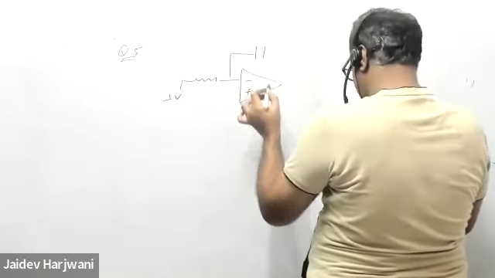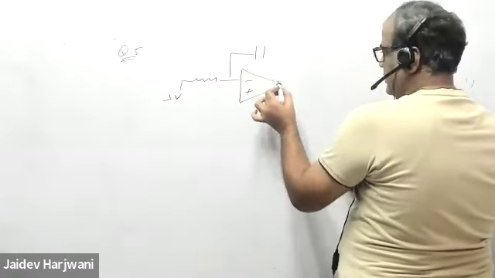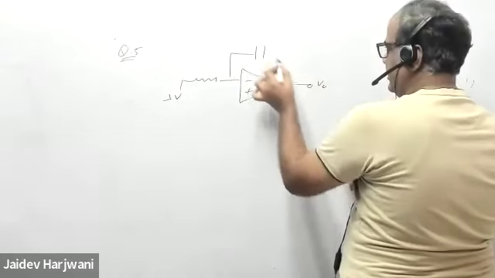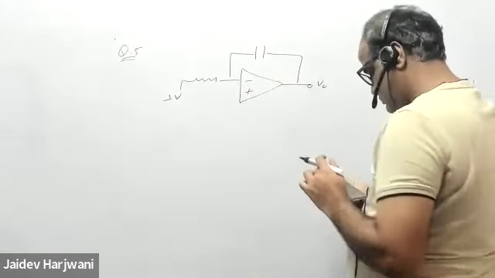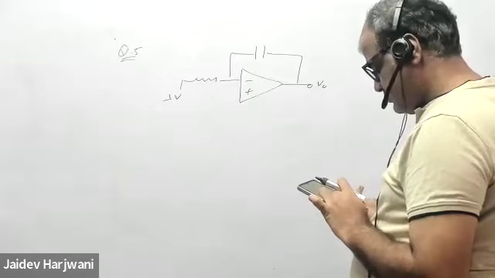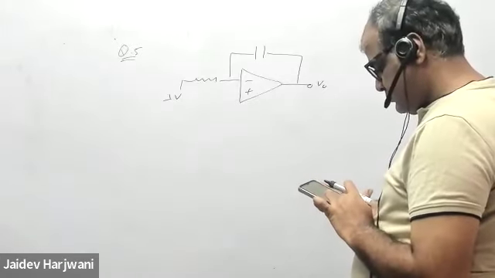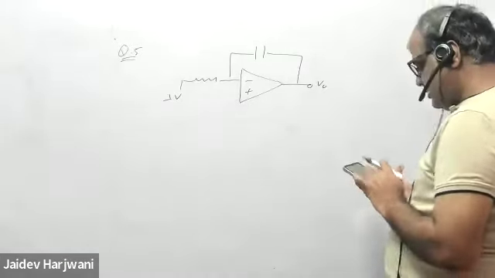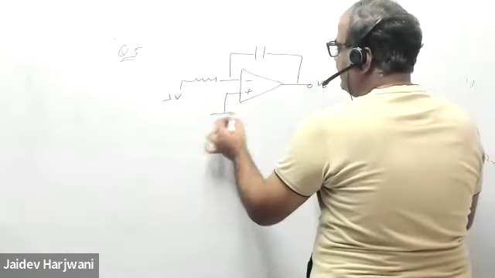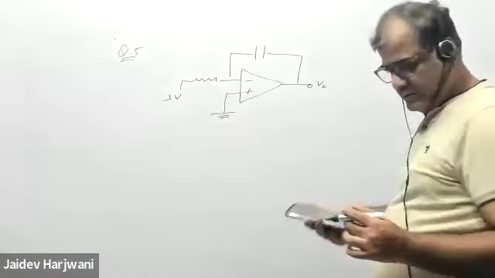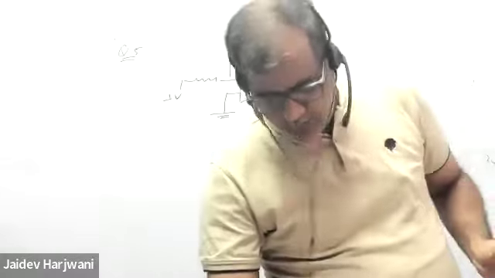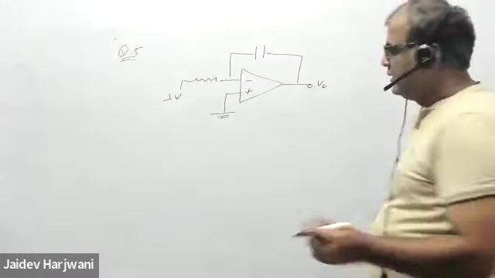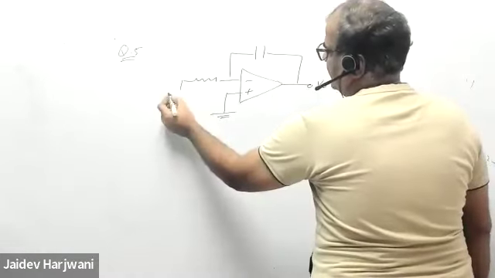You have a C here, and you have a V naught here. Okay. What is the name of this circuit? Can anyone tell me? Integrator. Okay, so this is an integrator circuit.